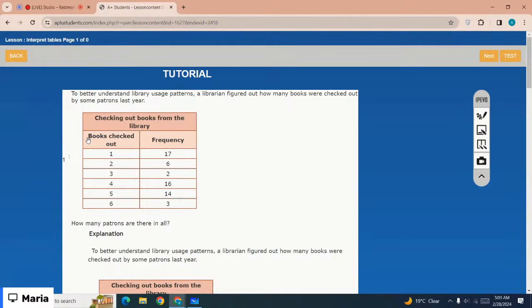To better understand library usage patterns, a librarian figured out how many books were checked out by some patrons last year. So how many patrons are there? Basically, we are here to learn how to read data from tables, right? You are given a question: you have to find how many total patrons there are in all. You are given the table, and you have two columns in the table.